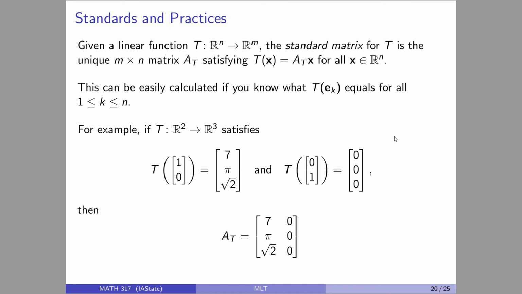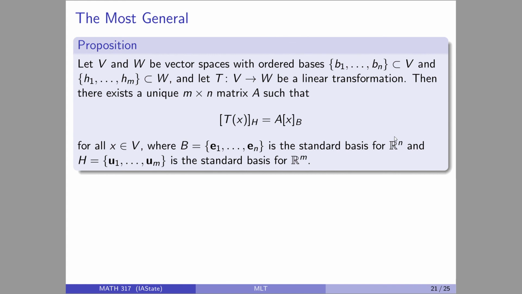Okay, so what's left? Alright, well, now we know that every linear transform from Rn to Rm can be represented as a matrix. Now that we've got that, we can prove the full-out theorem, that every linear transformation between finite-dimensional vector spaces can be represented as a matrix, but as you can see here, the representation can be a little bit convoluted.